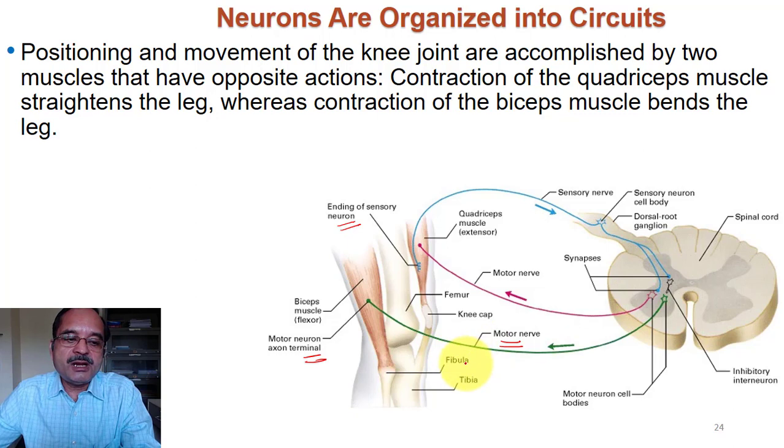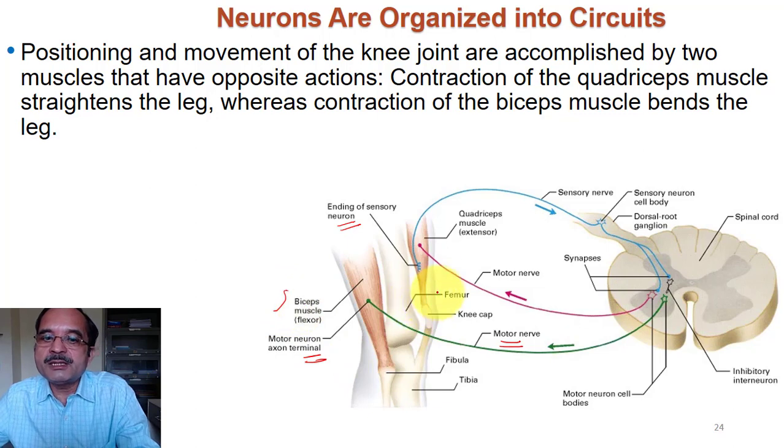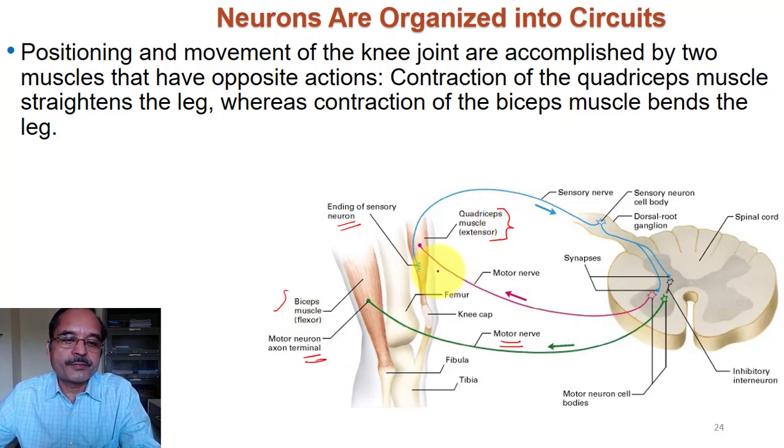That means contraction of the quadriceps here, whereas the contraction of the biceps muscle behind the leg. So this is the biceps muscle behind the leg, and together this achieves the purpose.